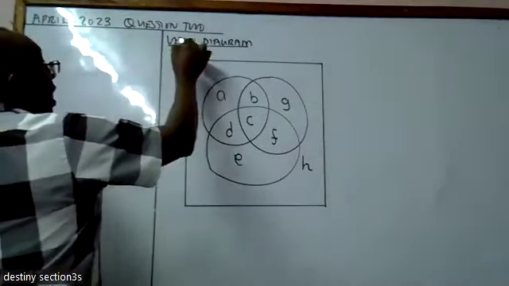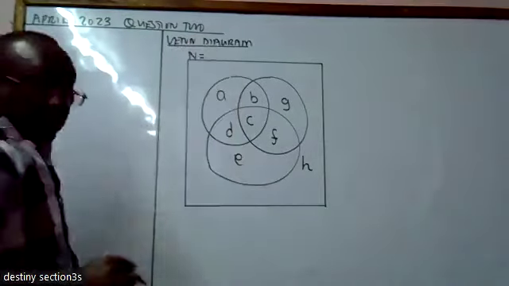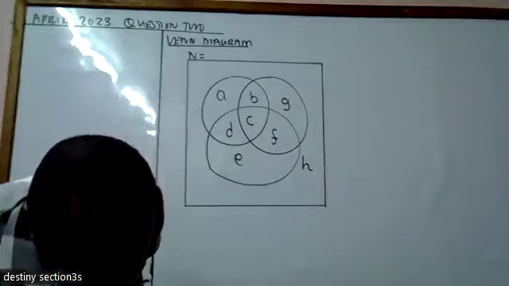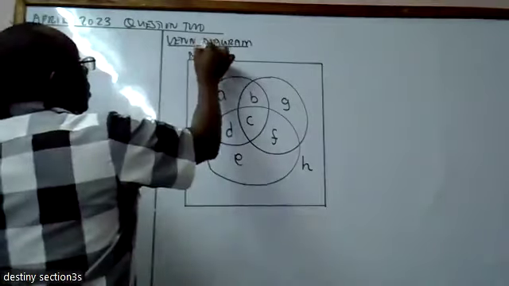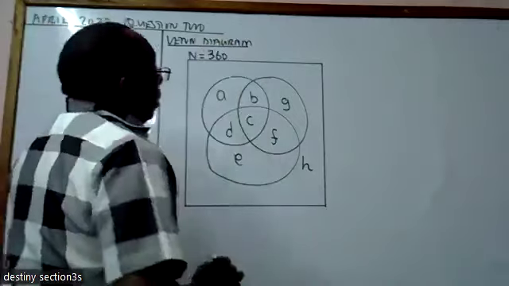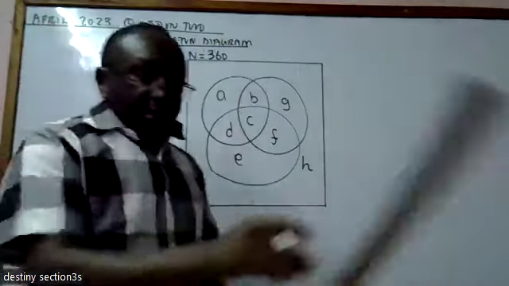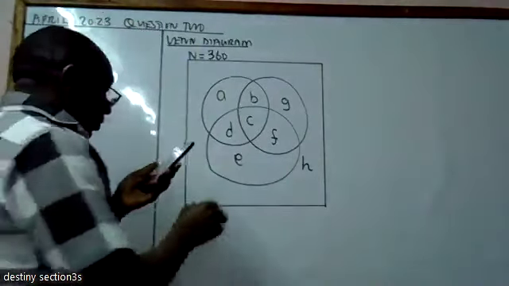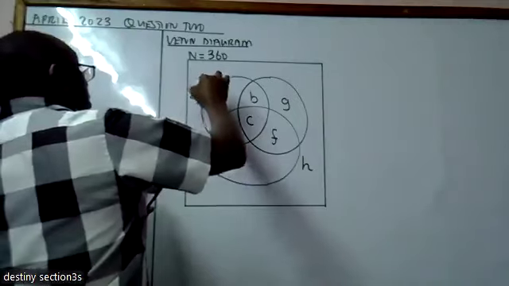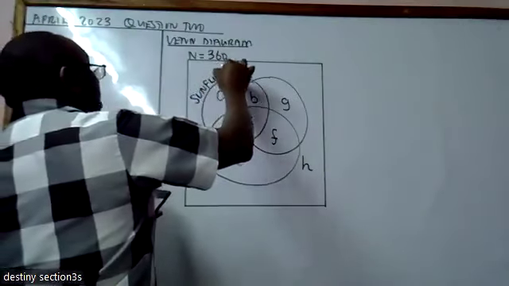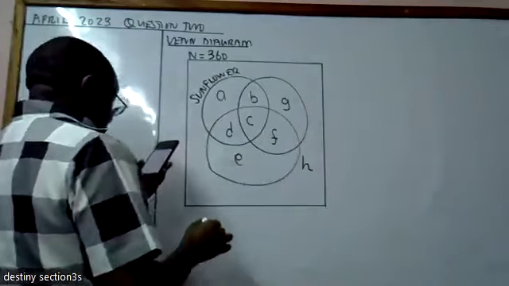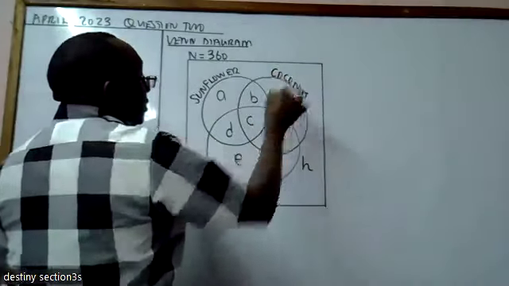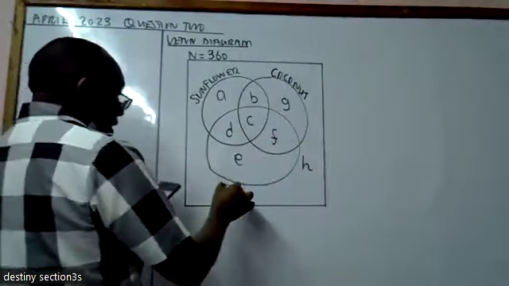So here, N, we are told the customers are 360. And there are 3 brands of cooking oil. So the first one is sunflower. The second one is coconut. And the third one is olive.